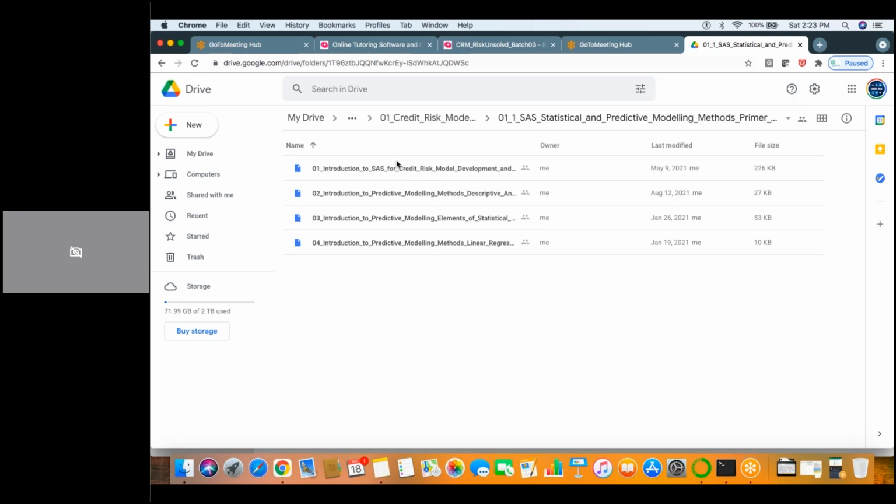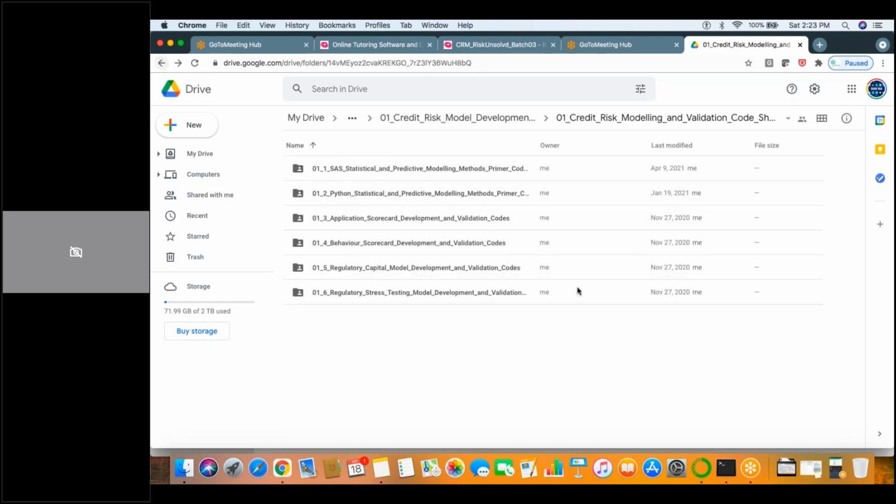All those codes are saved here. For model validation, the SAS programming portion is saved here. The predictive modeling, descriptive analysis, statistical inference, and linear regression code sheets are also saved here. Up to this point it has been done.